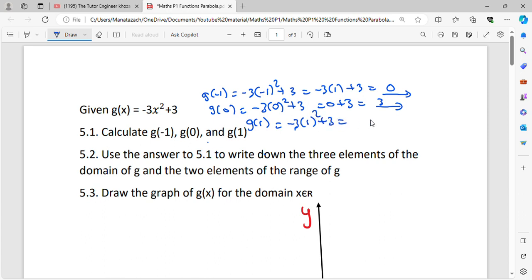This will be minus 3 plus 3, which is 0. Okay, that's the first question.